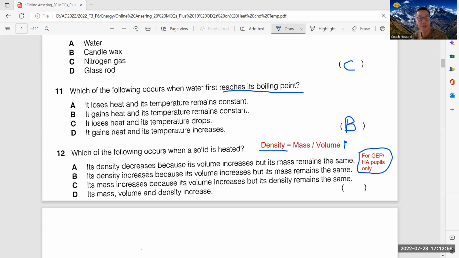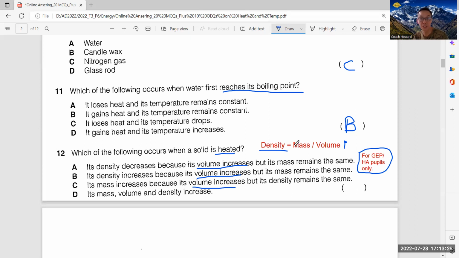So question 12, the density, because it's solid when it's heated, right? So you notice, okay, when heated the volume expands, right? So can you see this one volume increase, this is also volume increase. Okay, but when you heat something, the mass remains the same, the mass doesn't change. So it's either A or B. Because I told you the volume is the denominator, right?